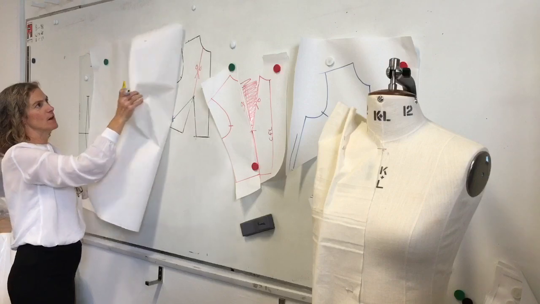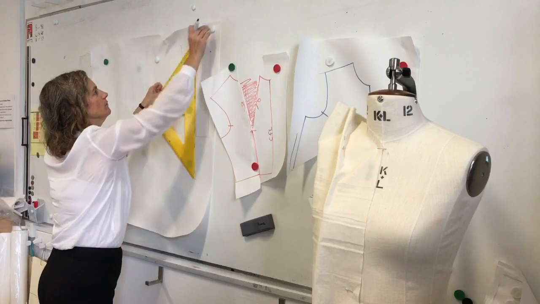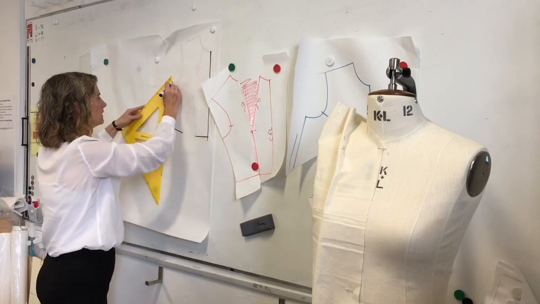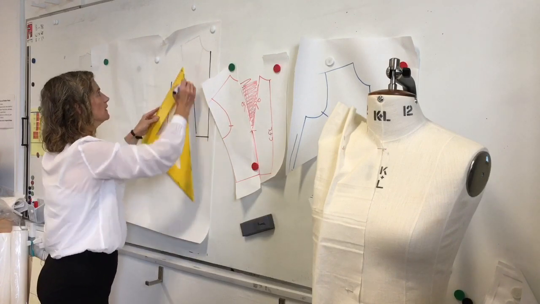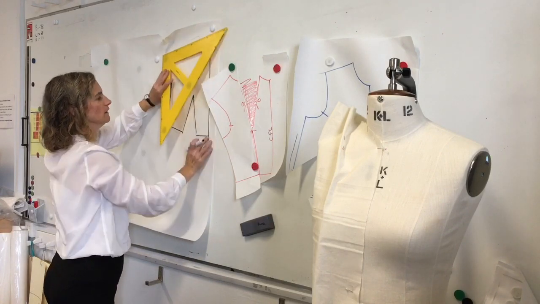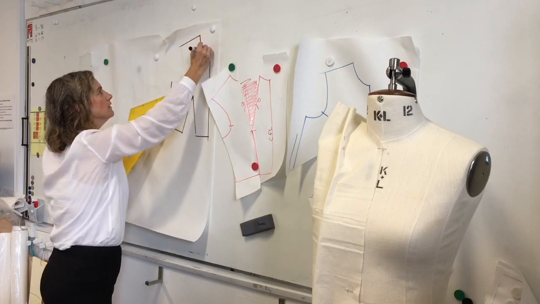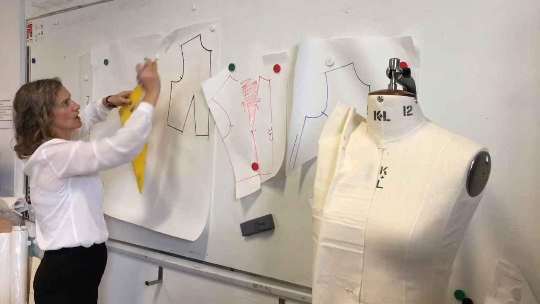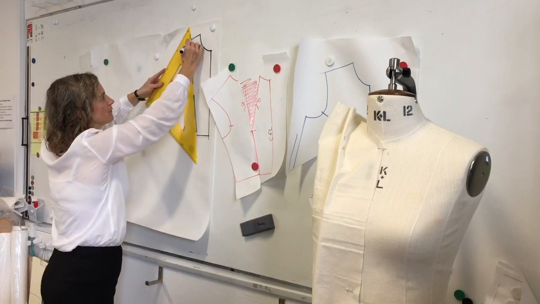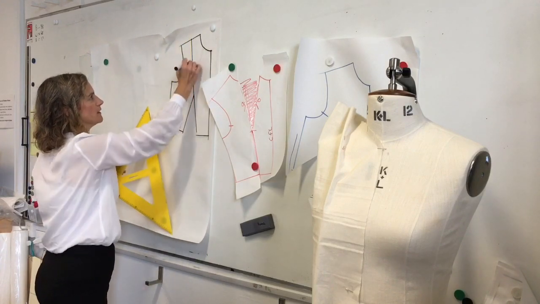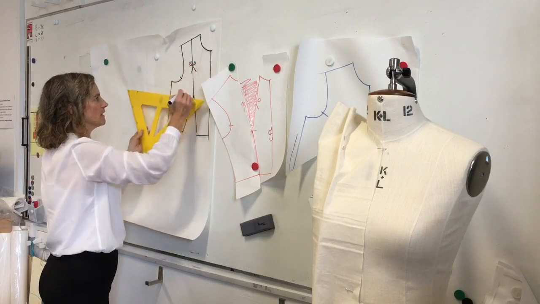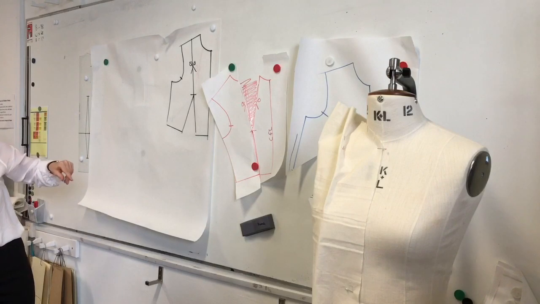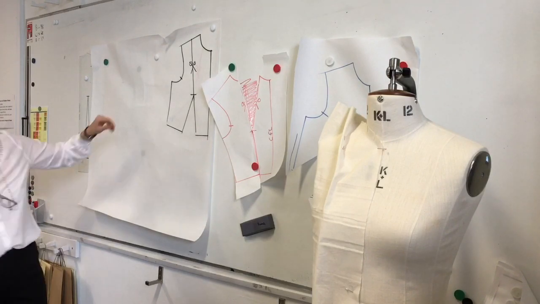So I'll show you how that looks. So I'm going to draw a line from the shoulder down, and this is my cutting line, and that's my point. The notch really makes it so that you know exactly where to go from.